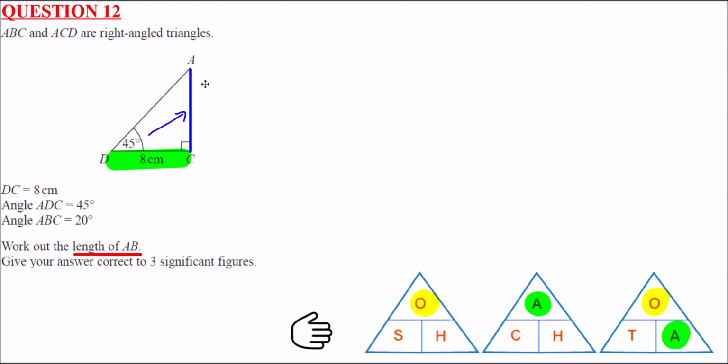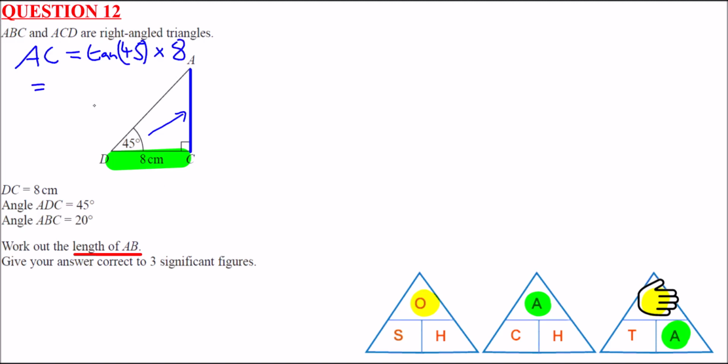What we want to work out, we cover up. We want to work out the opposite side, so I'm going to cover up the opposite, like so. So the opposite is simply tan of the angle we're talking about times the adjacent. In other words, AC is going to be tan of 45 multiplied by the adjacent, which is 8.